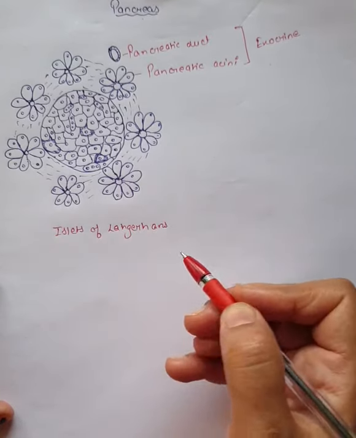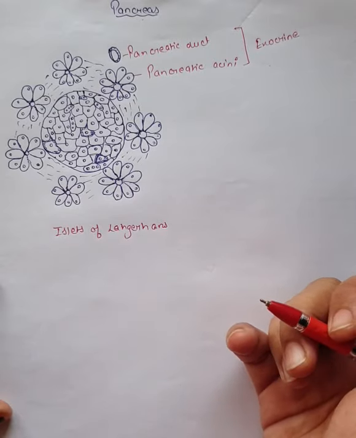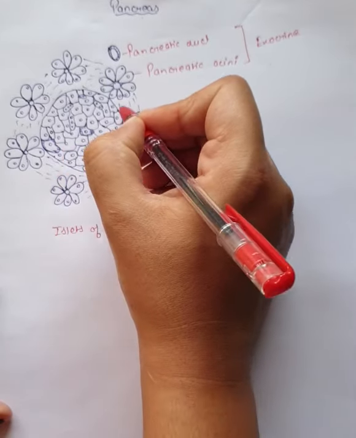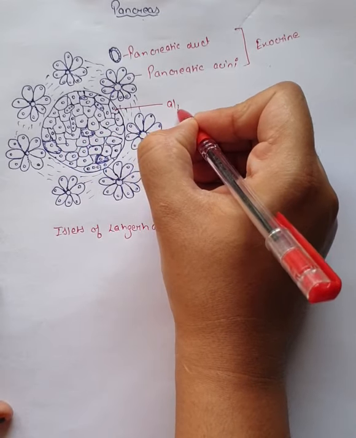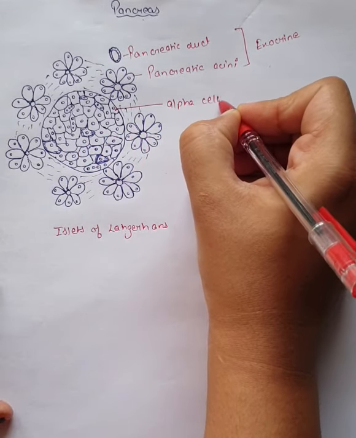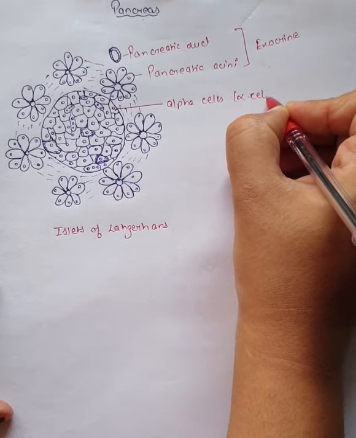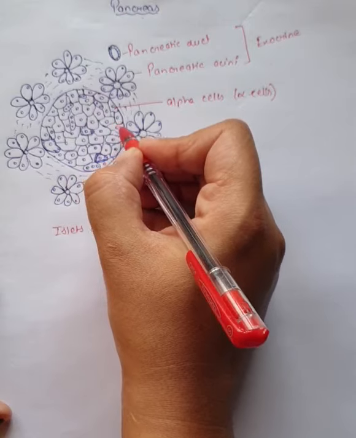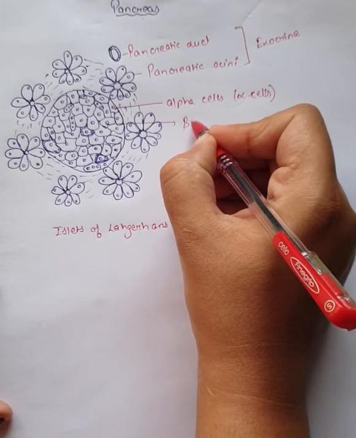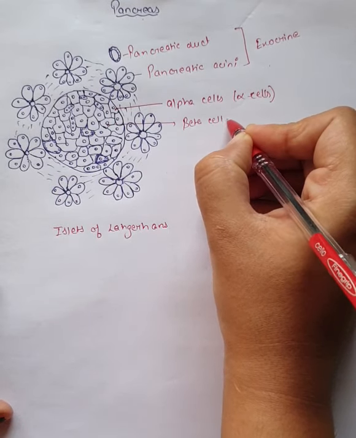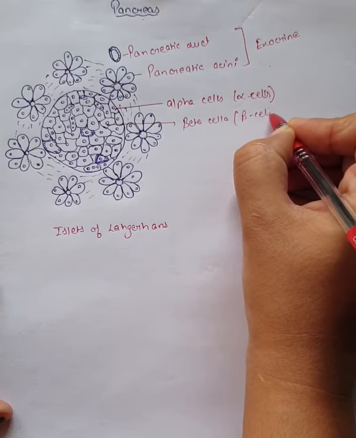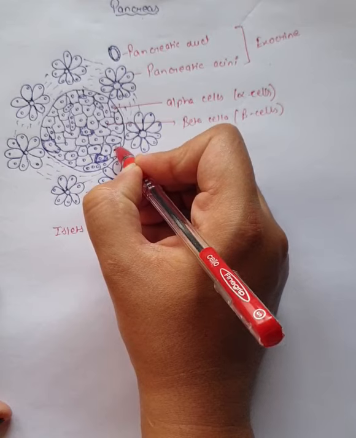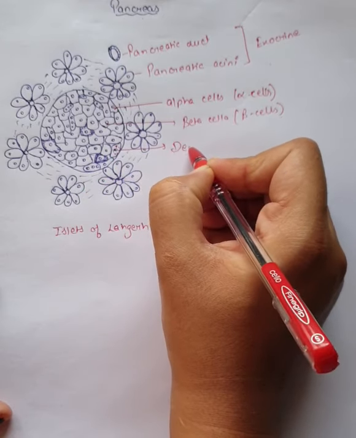These islets of Langerhans are made up of various cells. The outer periphery contains alpha cells, and some inner cells are known as beta cells. A few cells present at the periphery are known as delta cells.